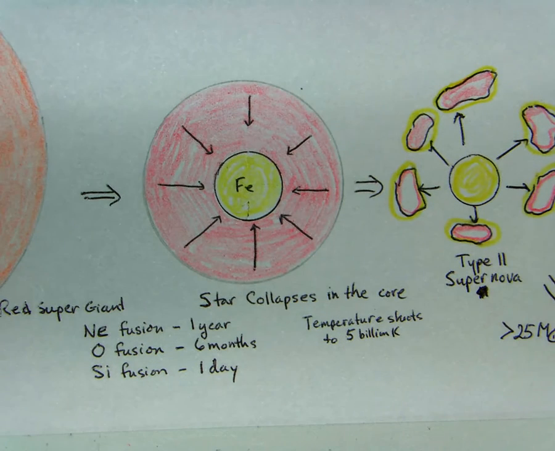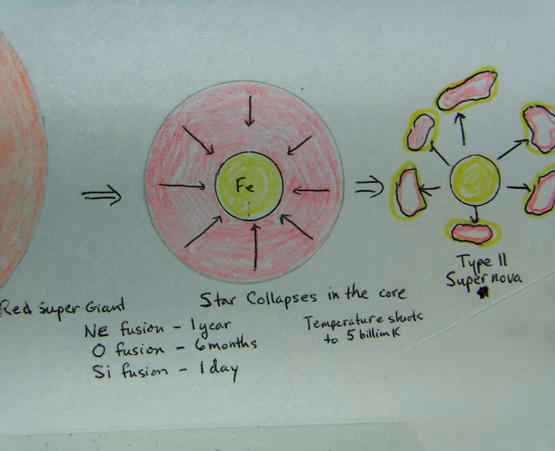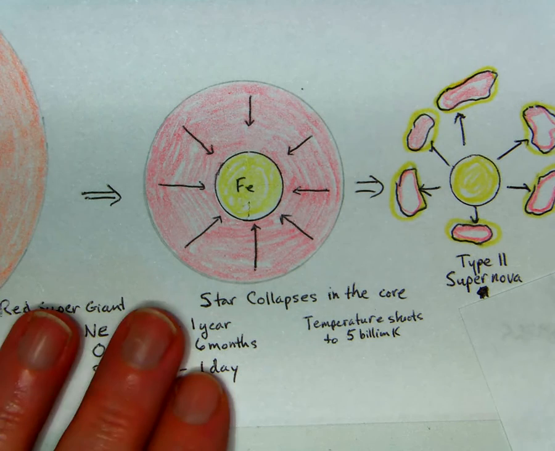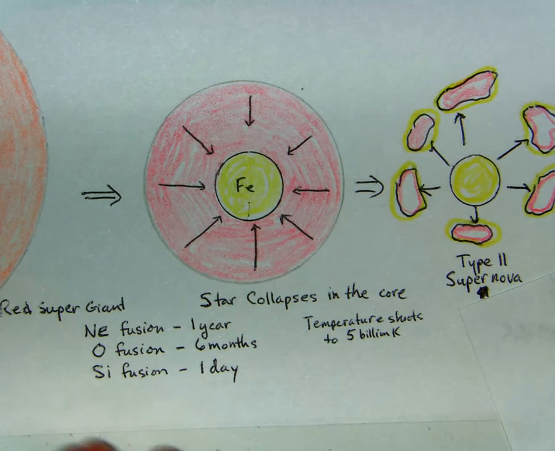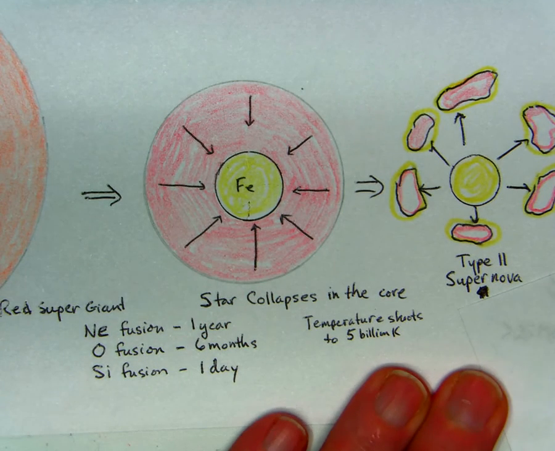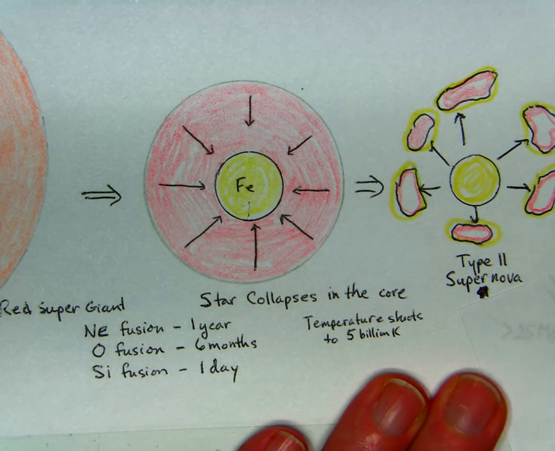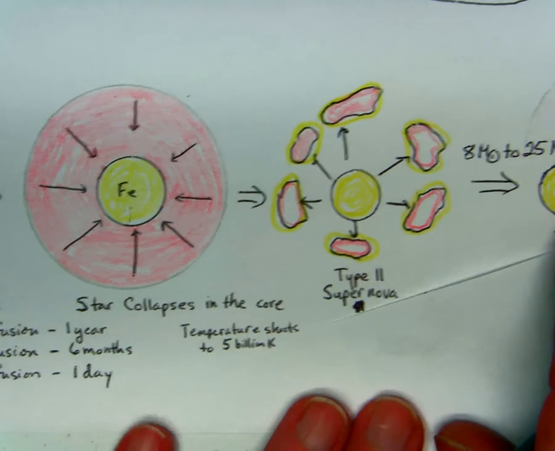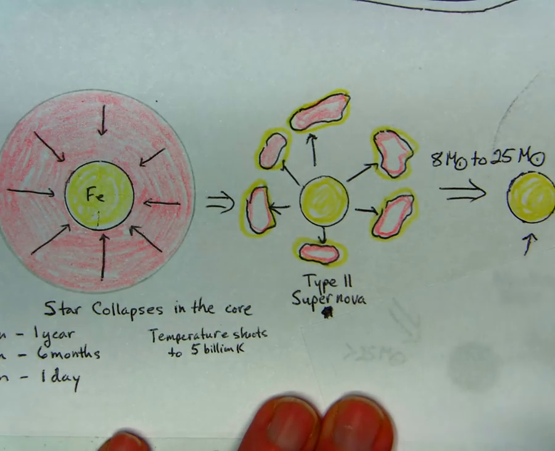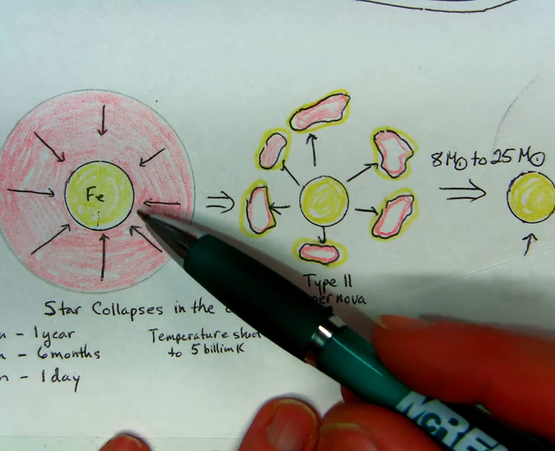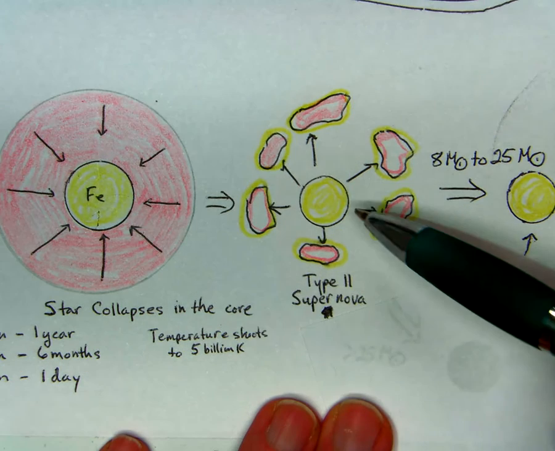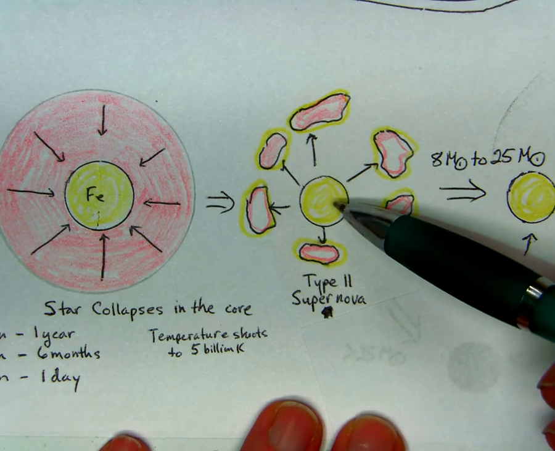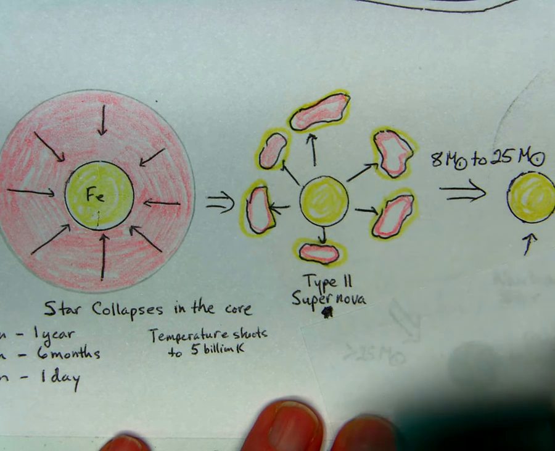Here's where things start getting interesting fast. The star starts collapsing in towards the iron core. The temperature shoots up to about 5 billion K. And once it does that, the pressure builds up so much that it turns into a type 2 supernova.